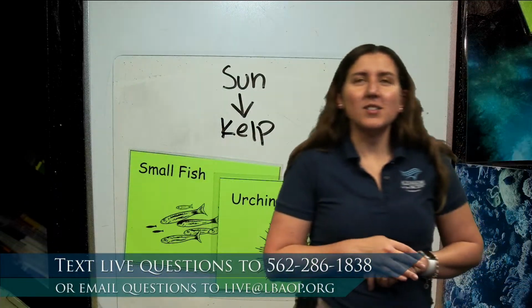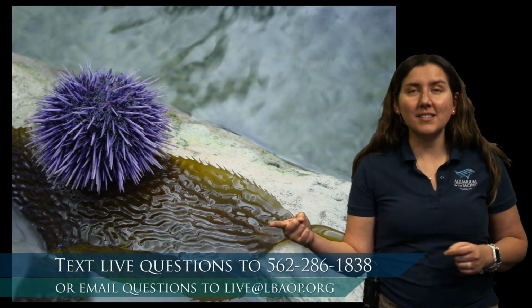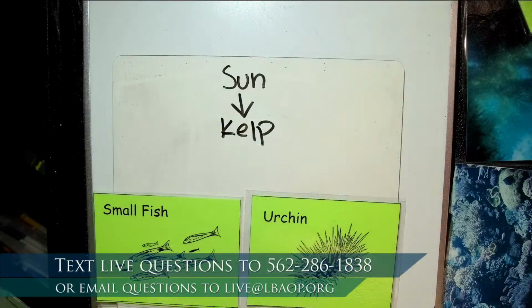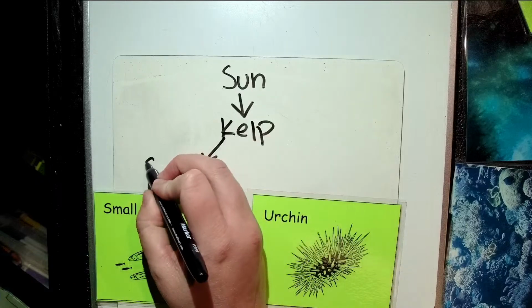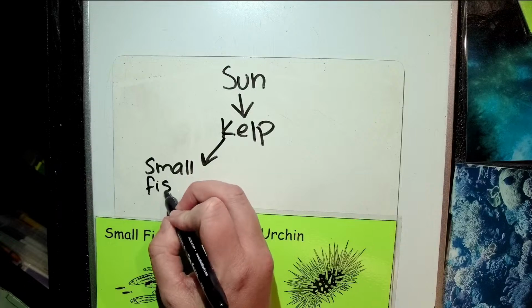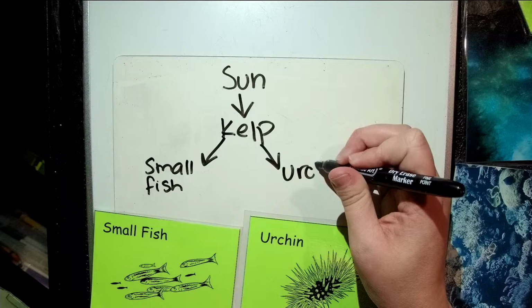That animal can also live in a kelp forest, and you see what they're on? They're on a piece of kelp. Guess what? This animal's mouth is on the bottom, and it eats kelp. So we can put small fish and urchin into our food web.